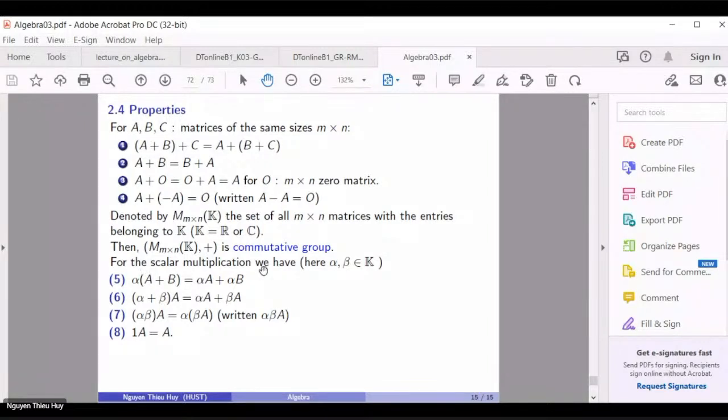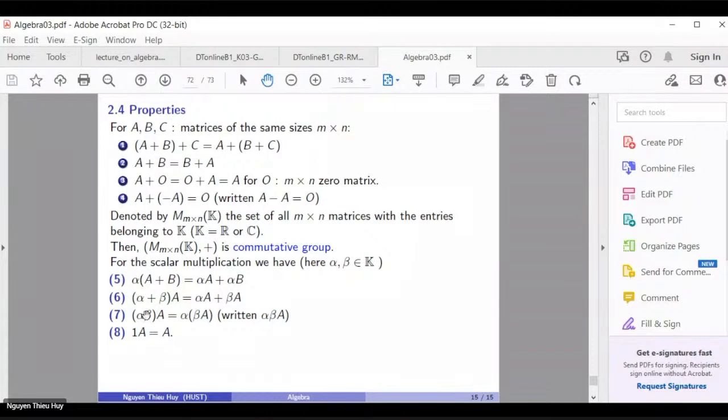So it satisfies properties 5, 6, 7, 8 that I listed here. It is distributive with the sum of matrices, and the multiplication is also distributive with the sum in K. It has the associative property, so in a series of multiplications of numbers and matrices, you can put brackets anywhere you like.